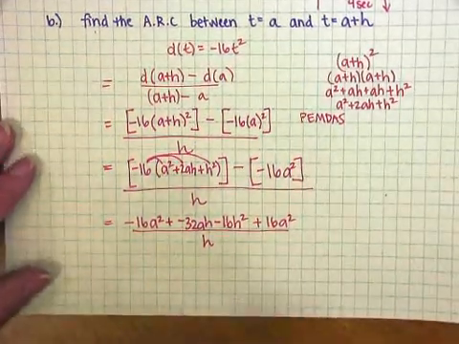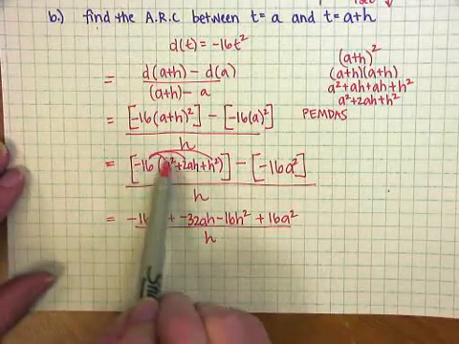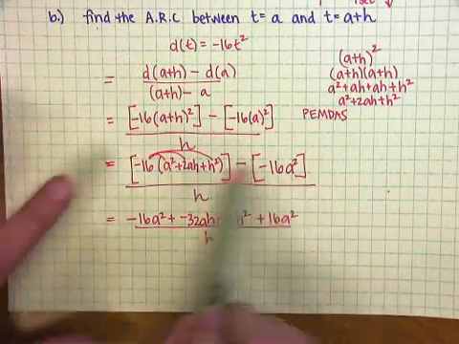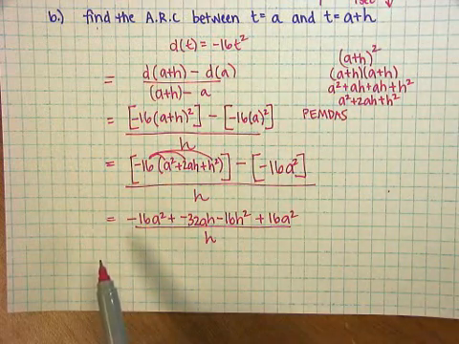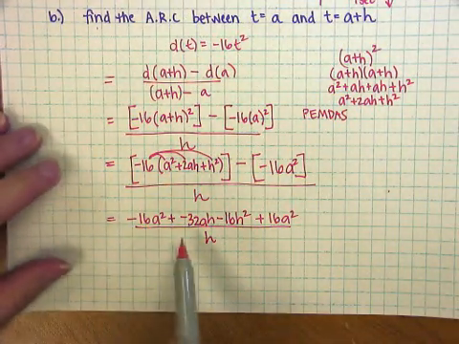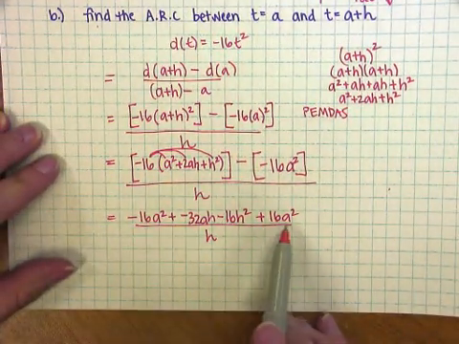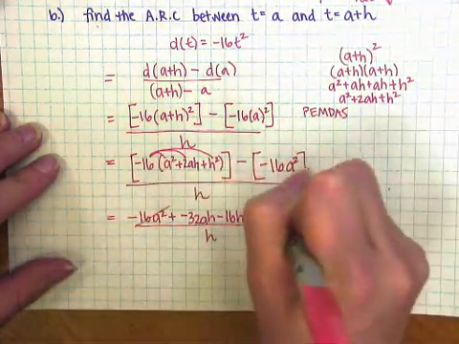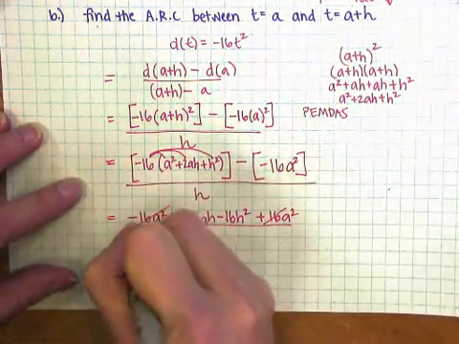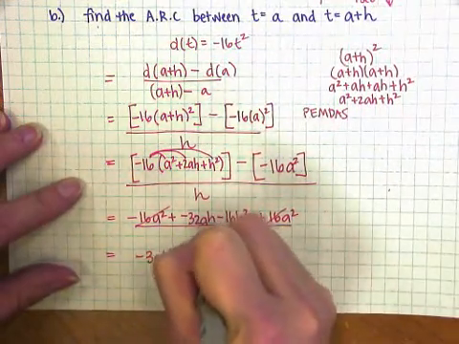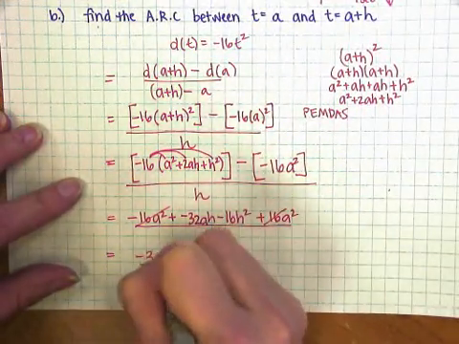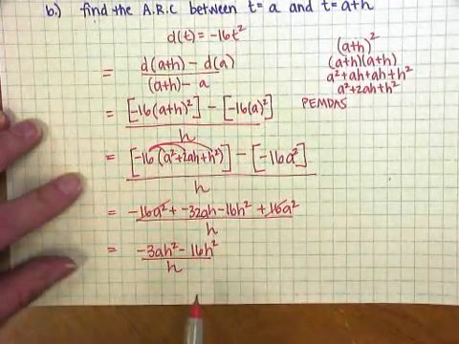Okay. Now I get to the fun part. If you've distributed your minuses correctly and you've done all the work up here, this is going to be a game of canceling things out and reducing. So I have a minus 16a squared and a plus 16a squared. Those are going to cancel. I get negative 32ah minus 16h squared, and this is all over h.